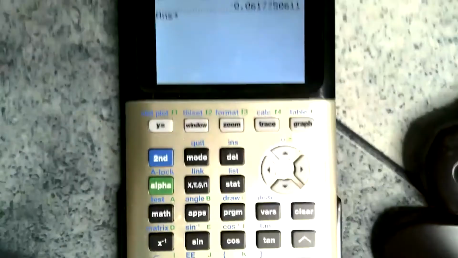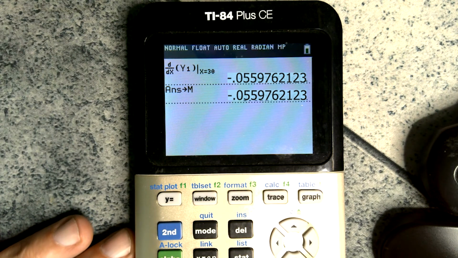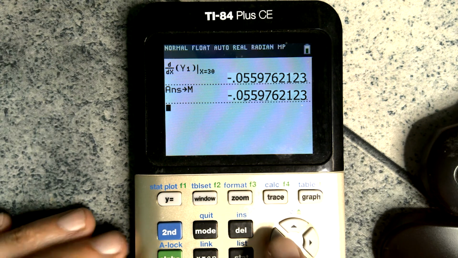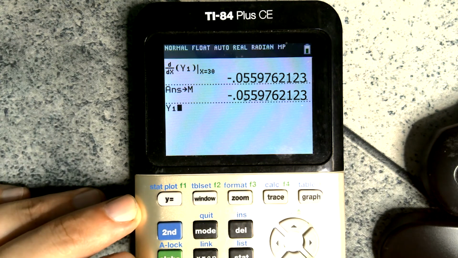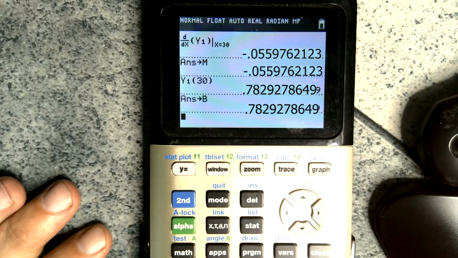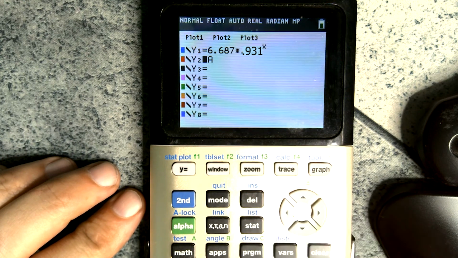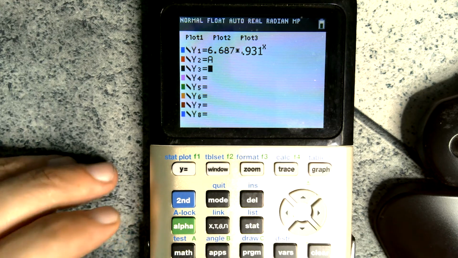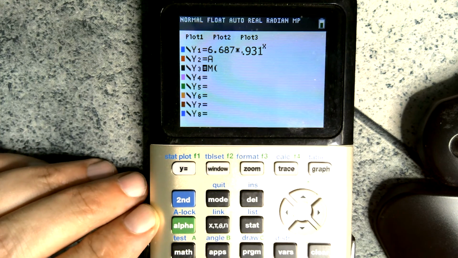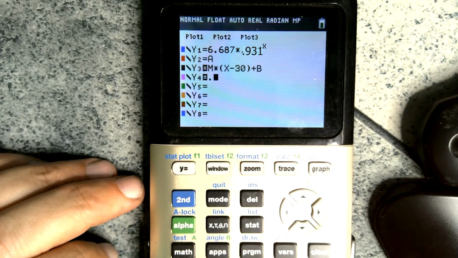That ends up being the derivative with respect to x of y1 at 30, times x minus 30 plus y1 of 30. Then for y4, I'm going to put in 0.5.